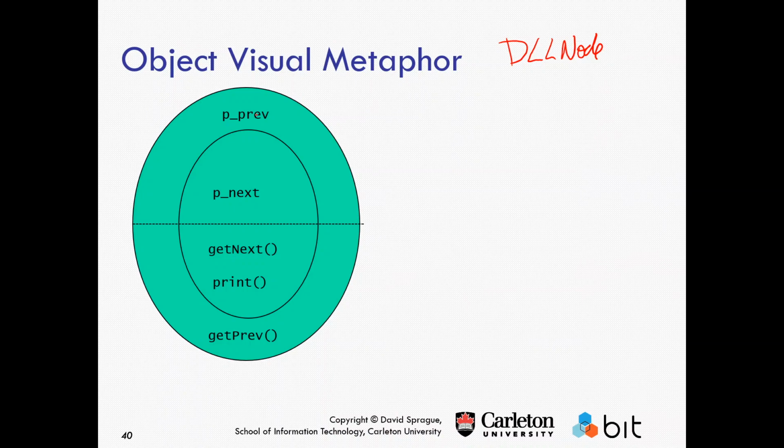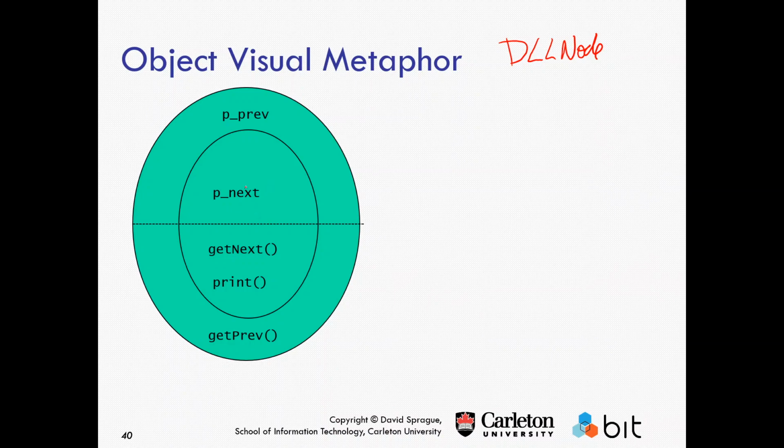We have a private variable called pprevious, right? So in this class, if I'm in this right here, I can use getNext, but these functions on the outside of the doubly linked list node have no access to pnext, right? It's inside this shell.